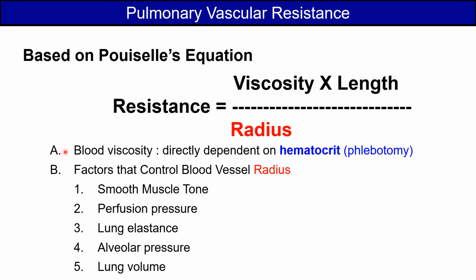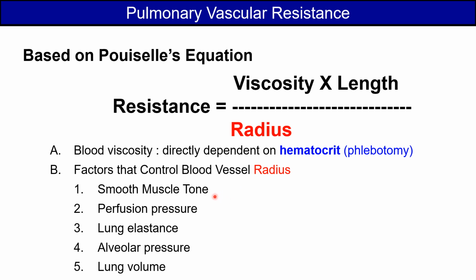As far as viscosity is concerned, it is directly proportional to resistance. The higher the hematocrit, the higher will be the pulmonary vascular resistance. This is the basis why in some patients with increased pulmonary vascular resistance, if they have polycythemia, we do phlebotomy. Now, what are the factors that will control the radius of the pulmonary blood vessels?